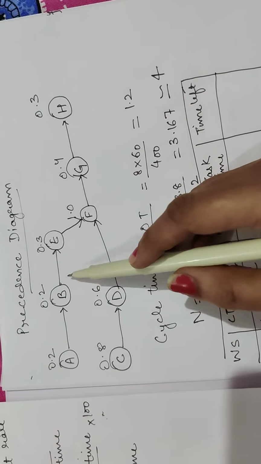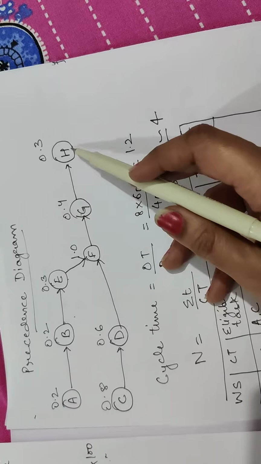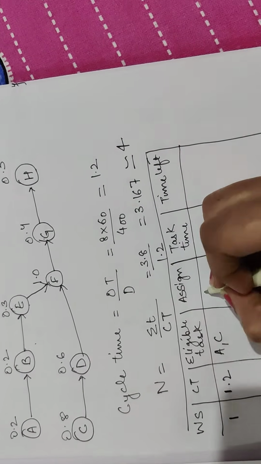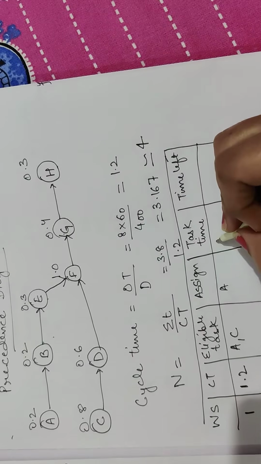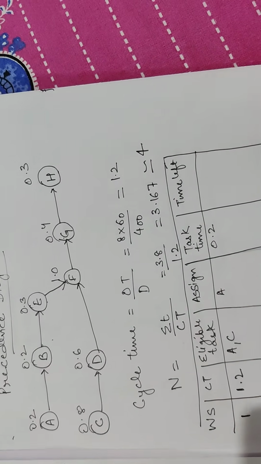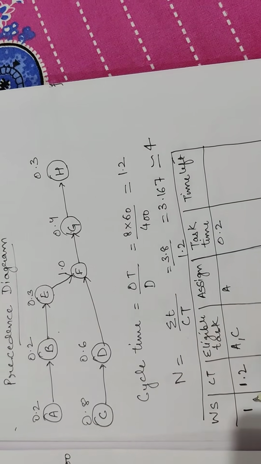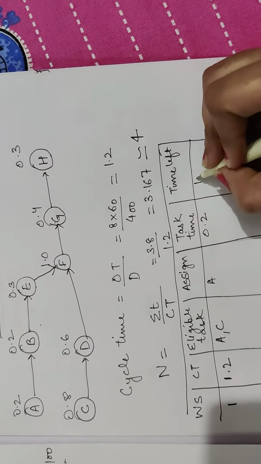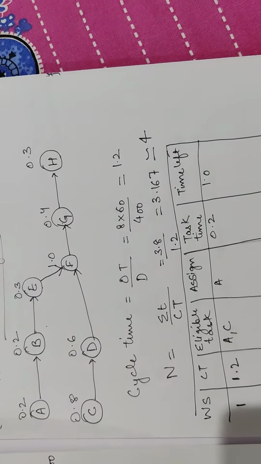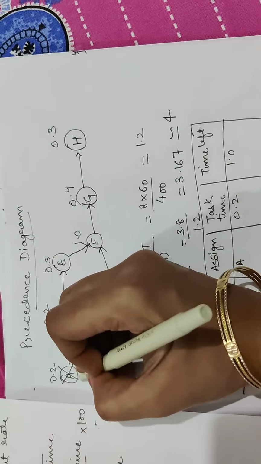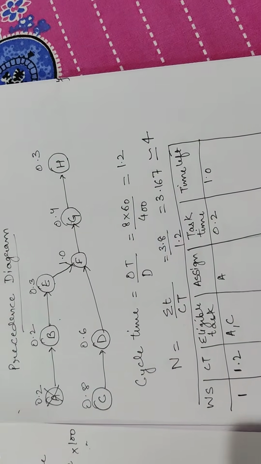A's followers are 1, 2, 3, 4, 5, and C's followers are 1, 2, 3, 4. So A is going to be assigned, and the time period of A is 0.2. Fine. 0.2 time we have allocated to the first workstation, so the time left with the first workstation is 1 minute, right? And now I have assigned the A activity, so I will make a cross on it.